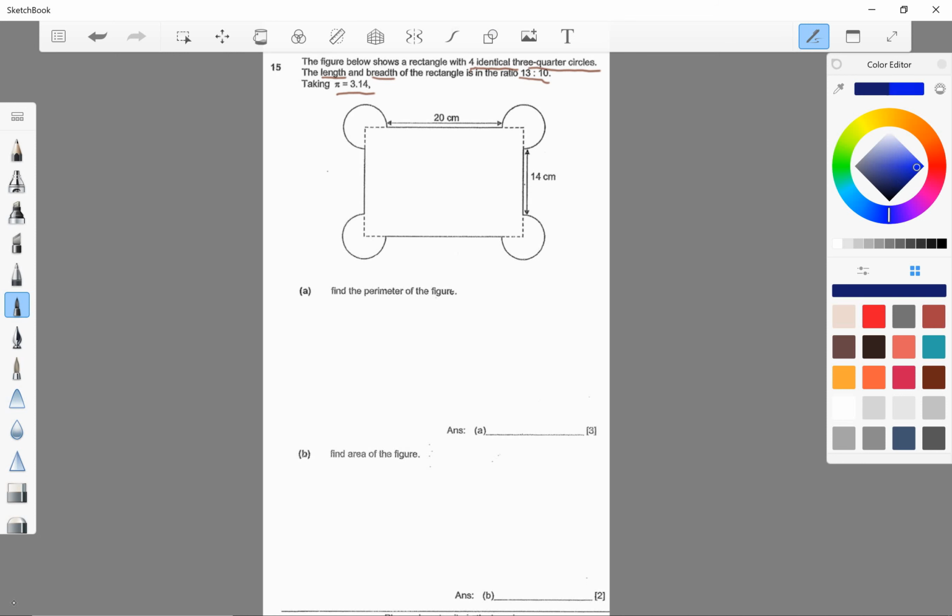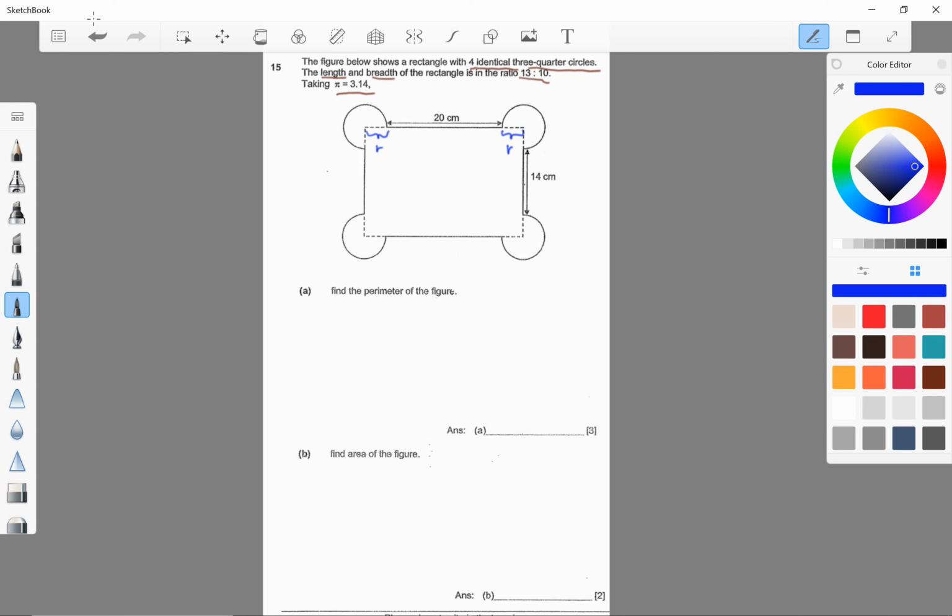But no worries at all, because if you look at the diagram carefully and look at what was given to us, you realize that the length of the rectangle consists of 2 radius and 20 cm.